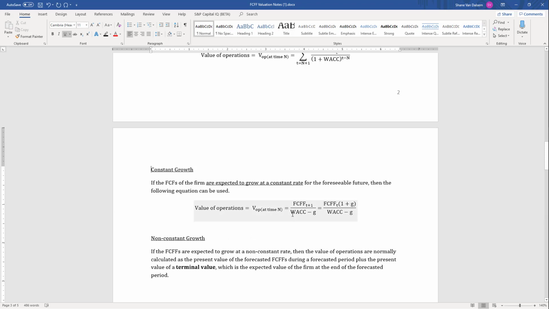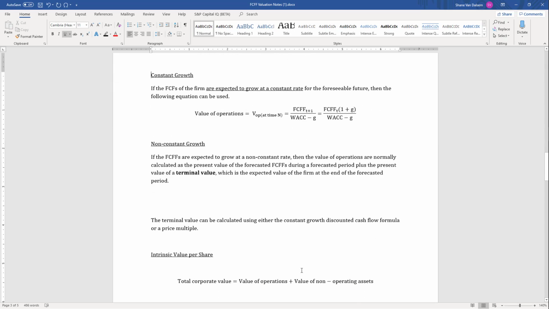The value of operations at a specific point in time is equal to the next year's free cash flow, not the most recent year's, but the next fiscal year's cash flow, divided by the weighted average cost of capital minus the growth rate. And we're going to work through a few examples of this too.